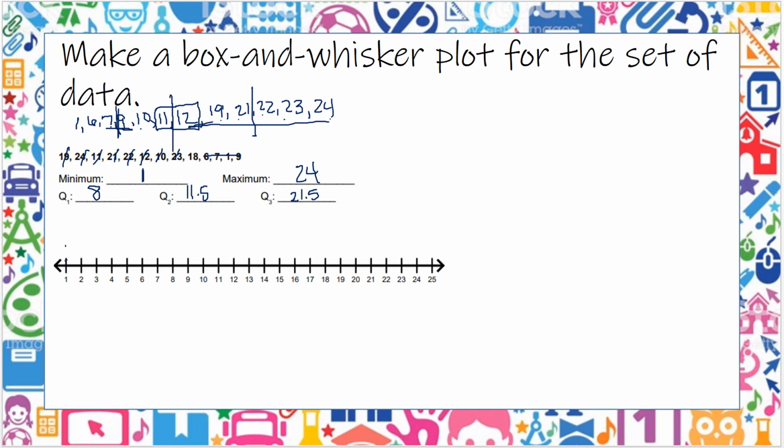I'm going to put a dot at my minimum. Then I'm going to put a line at my 8, a line at 11.5, and a line at 21.5, and a dot on 24. Okay, let me change my color so it's a little easier to see. So let me do those again. We got a dot here, a line here, a line here.